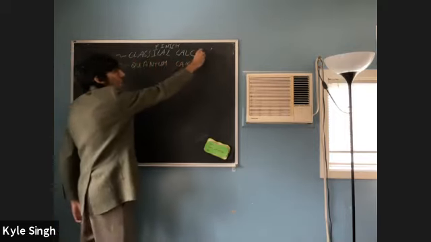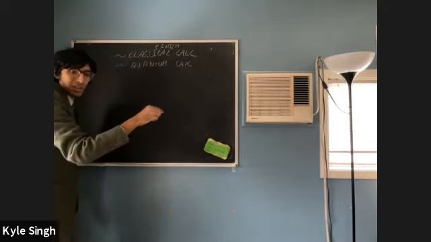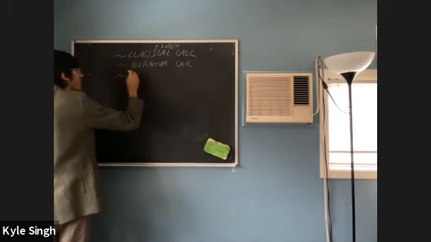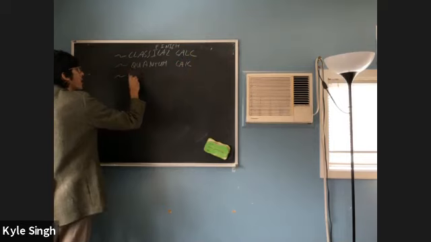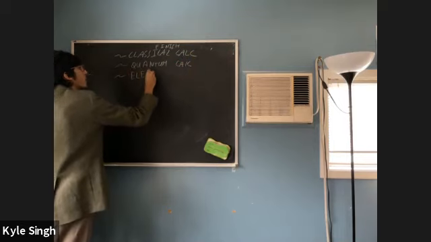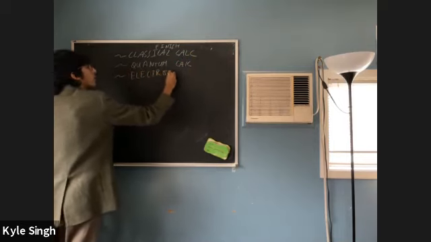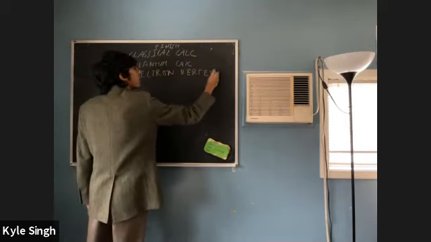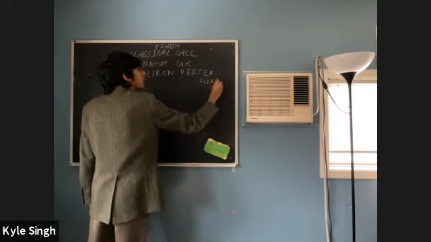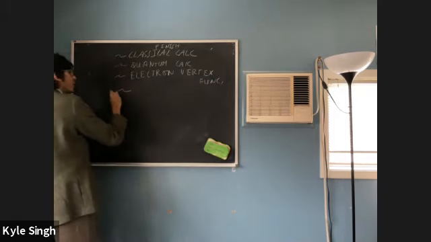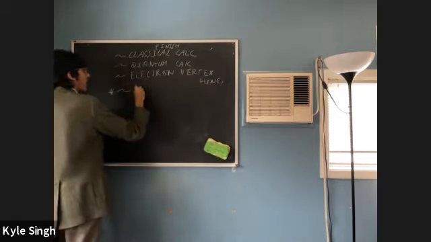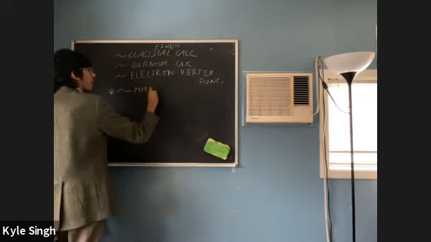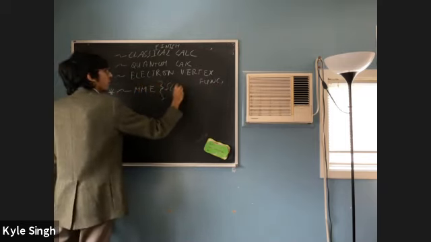Although I want to work this out more carefully. I want to make sure it works. Okay, and then we're going to do the electron vertex function. And we're going to finish by beginning the magnetic moment of the electron, so Schwinger's calculation.